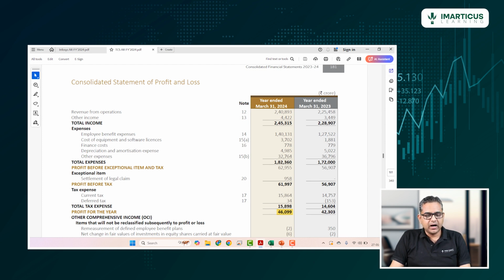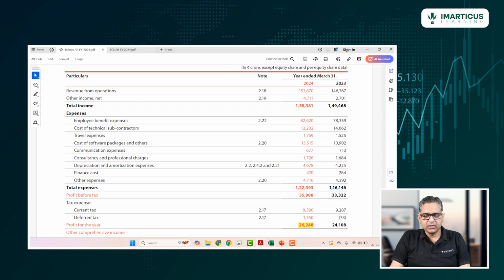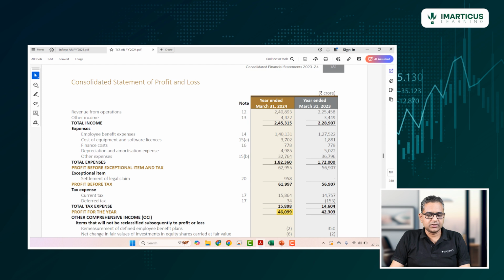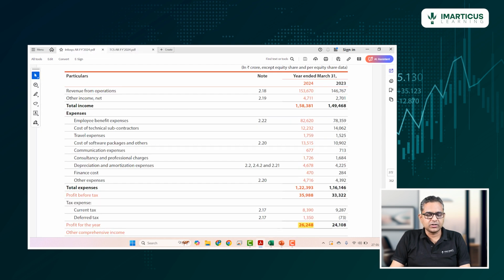So now, if you look at just the absolute numbers, you will see that almost all the numbers of TCS are larger than Infosys, correct? So the profit generated by them is also higher than the profit generated by Infosys.